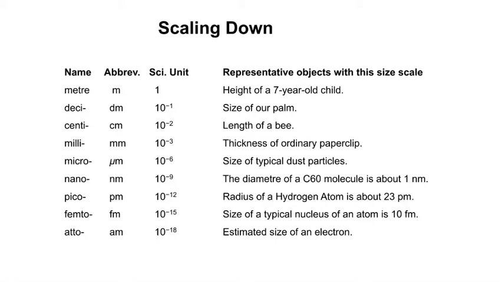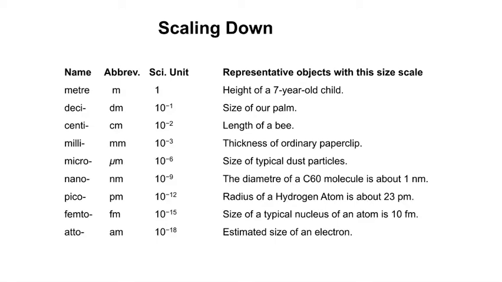If you see the representative objects, the meter is very well known to you. Many things around you lie in the range of meter. Then decimeter, the size of our palm. The centimeter is the length of a bee, or the diameter of your finger.